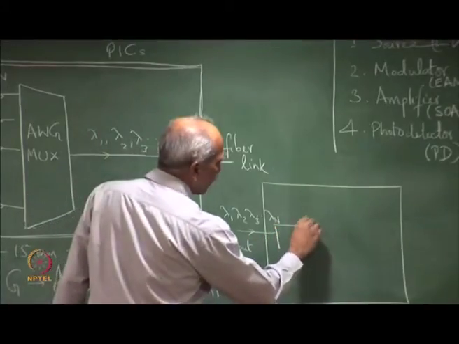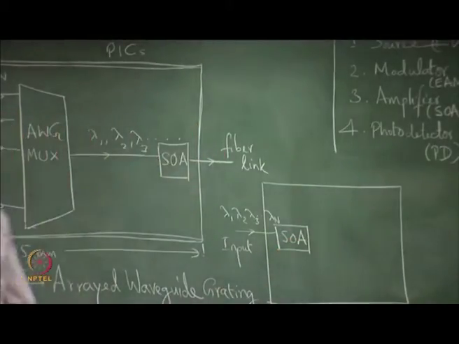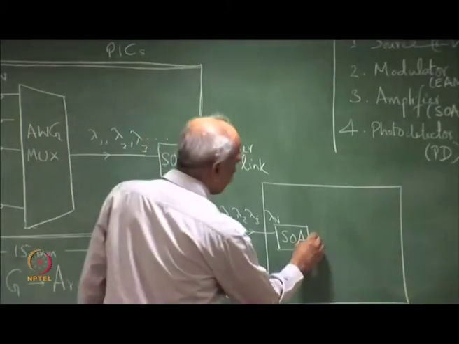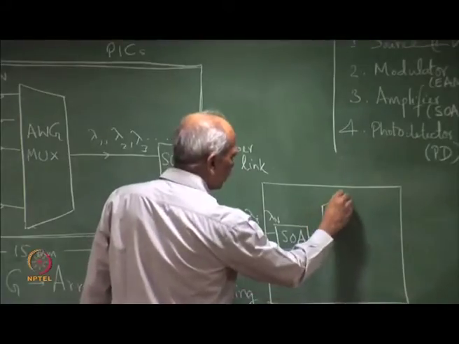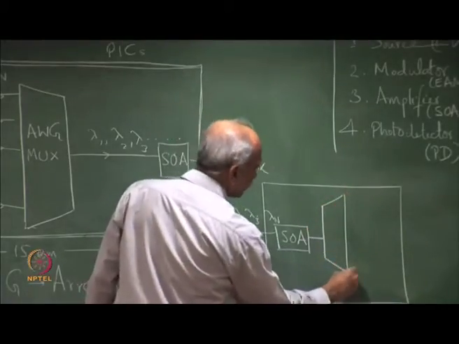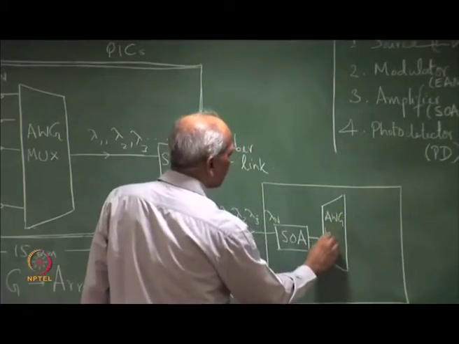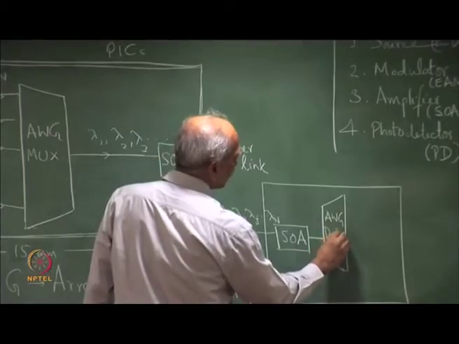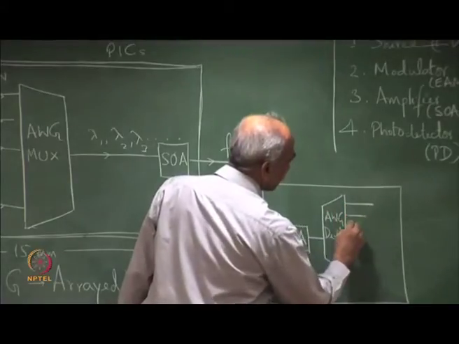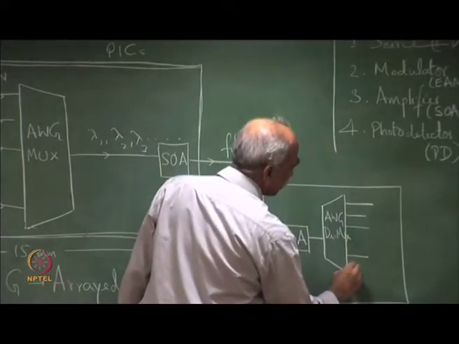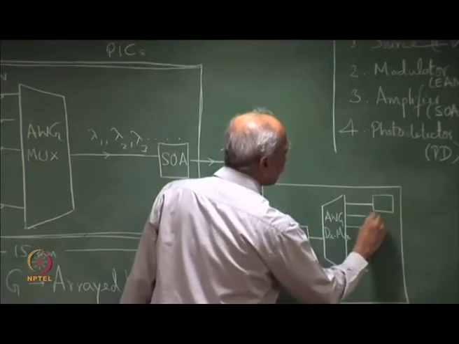First, there is usually a preamplifier, an SOA preamplifier, and then followed by the demux. So, AWG demux, there could be more components, and then it goes to the different channels, different wavelengths going to different photodetectors.